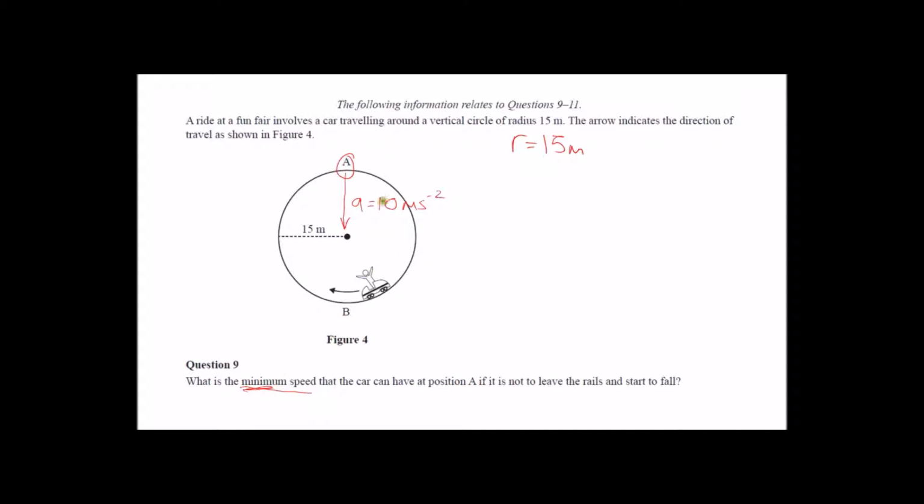So anyway, we've got a equals 10 meters per second squared, and this is usually the question that you get asked, although you might get a more complicated apparent weight one. So again, what do we know? We know r equals 15 meters. We know a equals 10 meters per second squared.